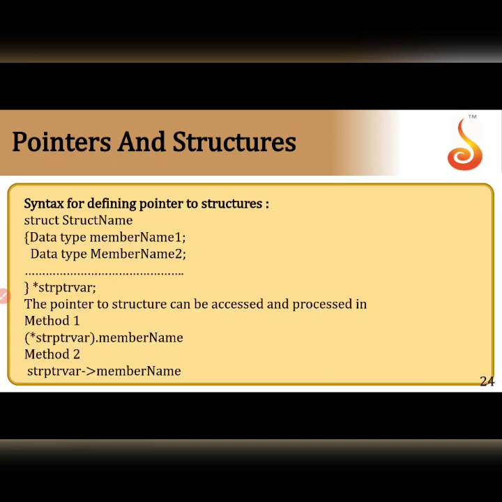See here, this is how I declare a pointer to a structure. For example, without a pointer, suppose I have to write struct std, where the name of the structure is std, with int rollnumber and char name.